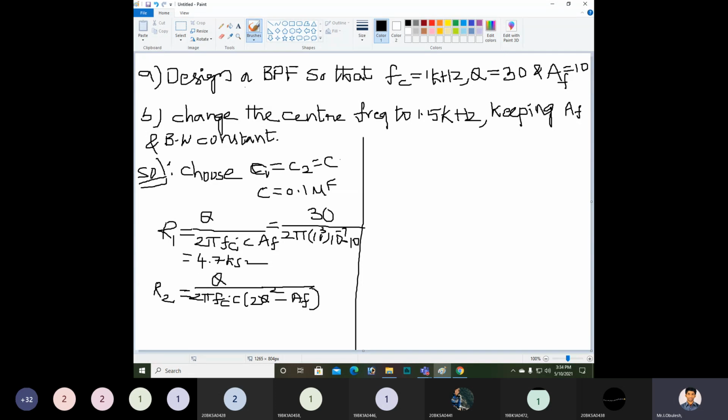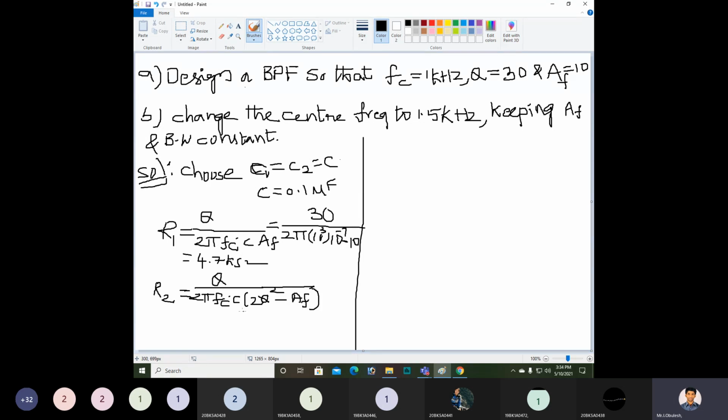Substitute the Q value. Q value is 30. Fc is 10 to the power of 3. C is 10 to the power of -7 farads. Here 2 into Q square means Q square is 900, into 2 means 1800. 1800 minus AF, which is 10, 1790.